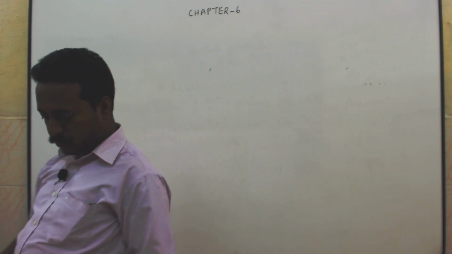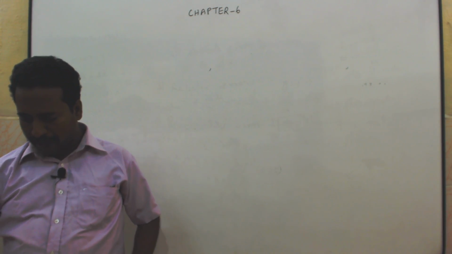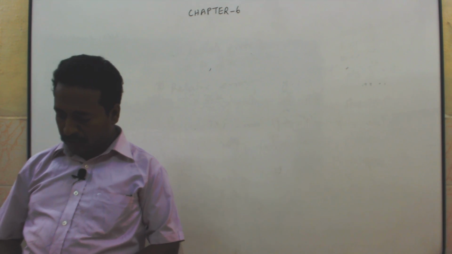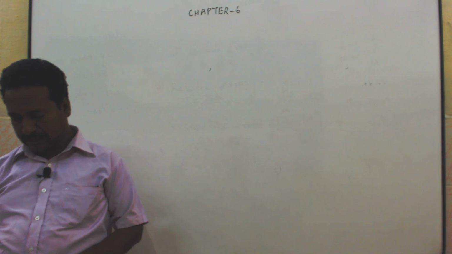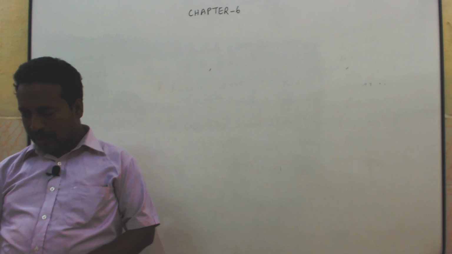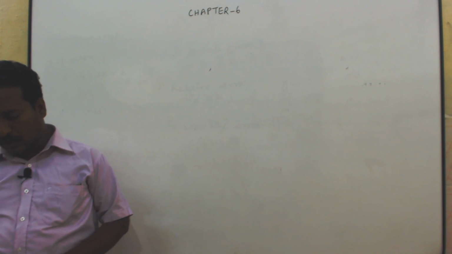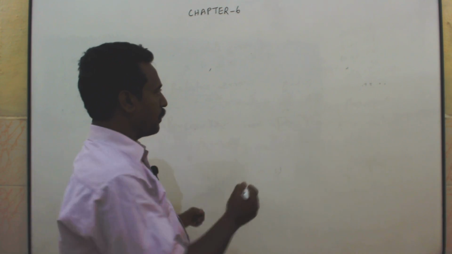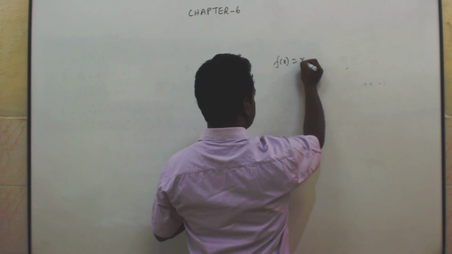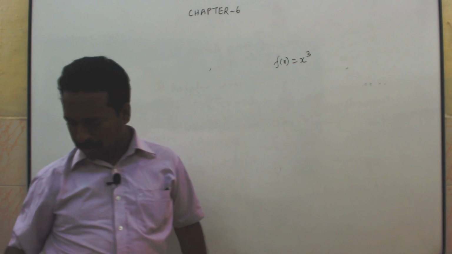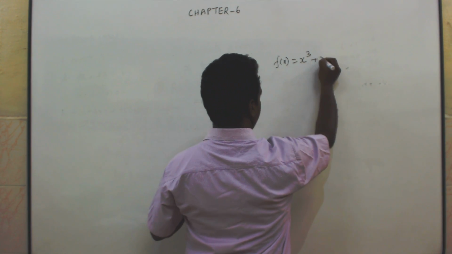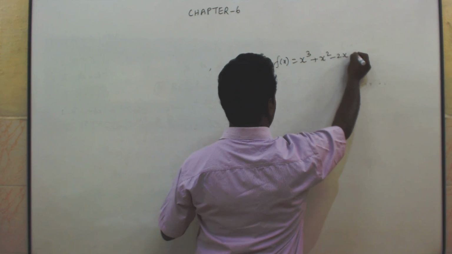So, example 6.2, compute the values of delta y and dy if y equal to f of x, x cube plus x square minus 2x plus 1. F of x is equal to x cube plus x square minus 2x plus 1.